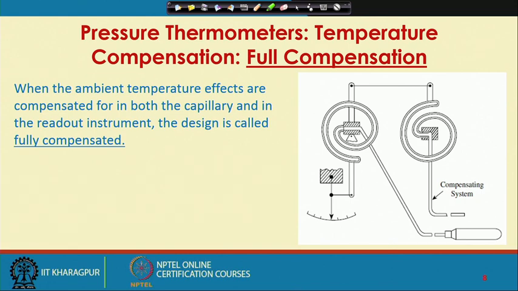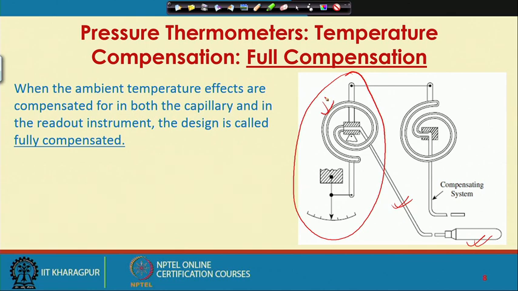So, how do you do it? So, this is the measuring element. You have this bulb, the capillary tube, and this is the pressure spring or Bourdon tube.